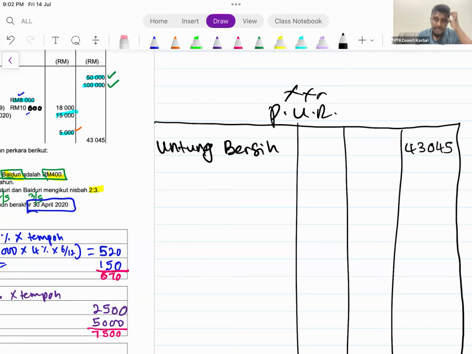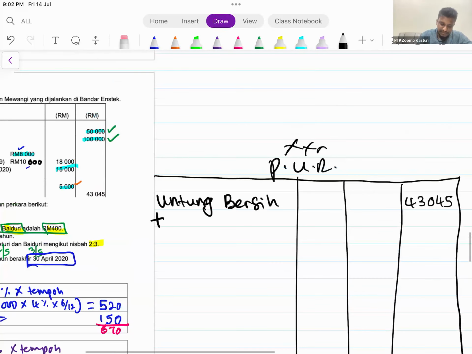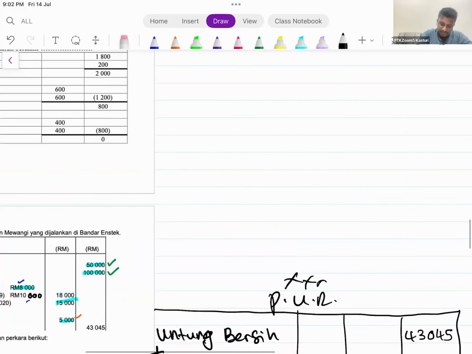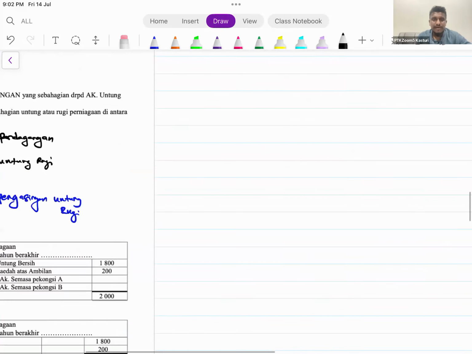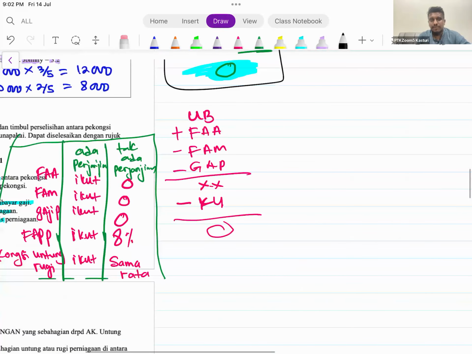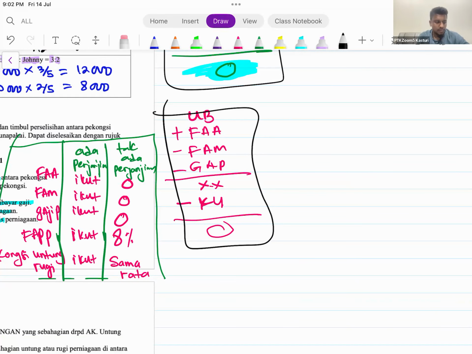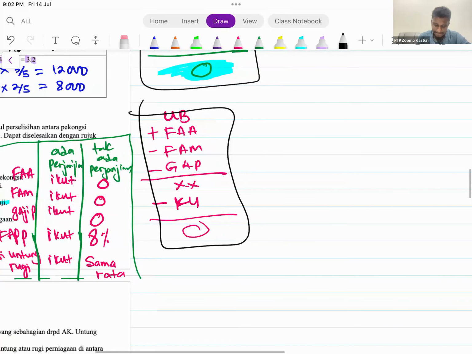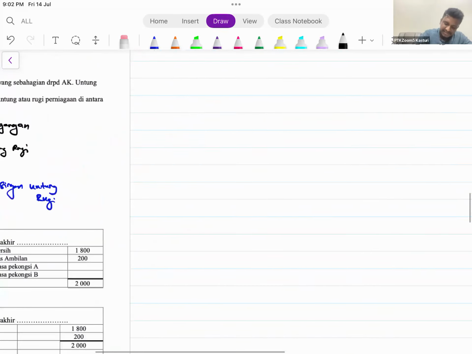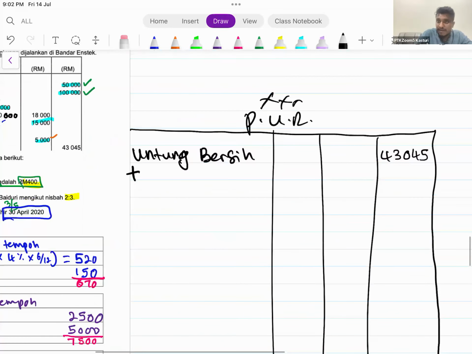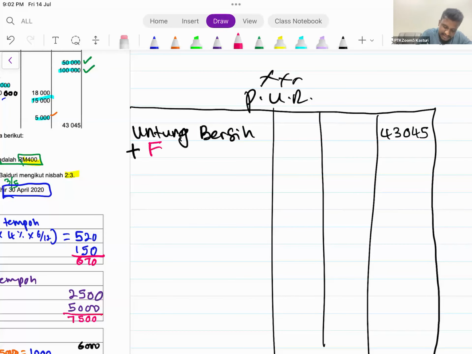43,045. Untung bersih ini kena tambah dengan, you remember the formula I explained when we started the lesson. Untung bersih tambah FA tolak FAM tolak GP, dapat jawapan tolak ku. The final answer must be 0. So untung bersih tambah dengan FA. What is FA? In the exam no short form, must write faedah atas ambilan.